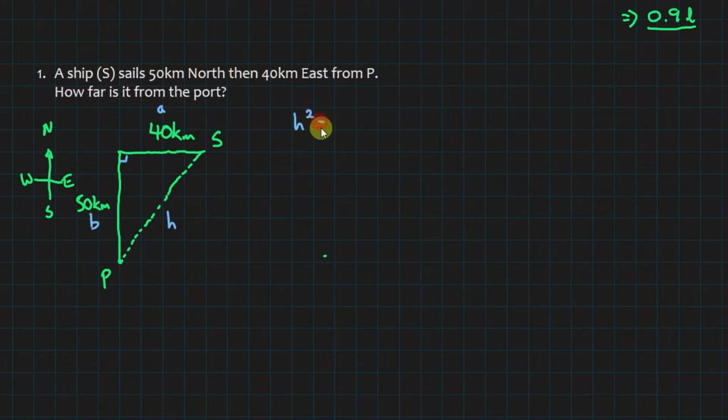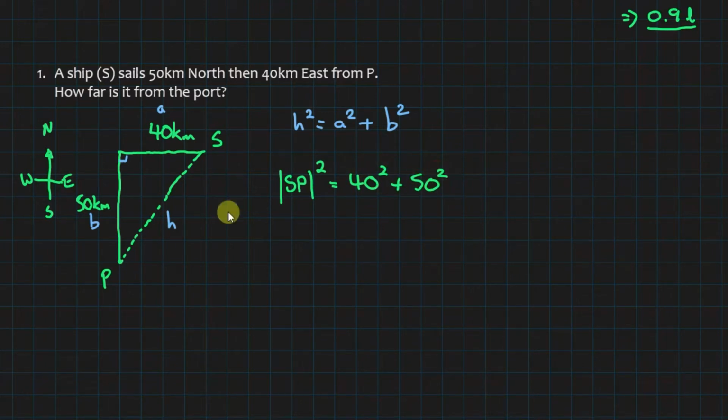Remember Pythagoras: h squared equals a squared plus b squared. And then we put our values in. So we want the distance h squared, which, if you remember from yesterday's lesson, the length of SP can be written as two lines either side of the ends of the line. Squared is 40 squared plus 50 squared kilometres.